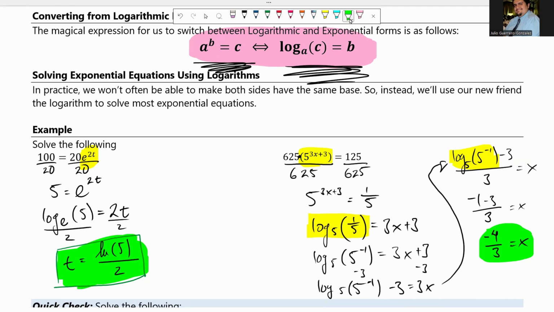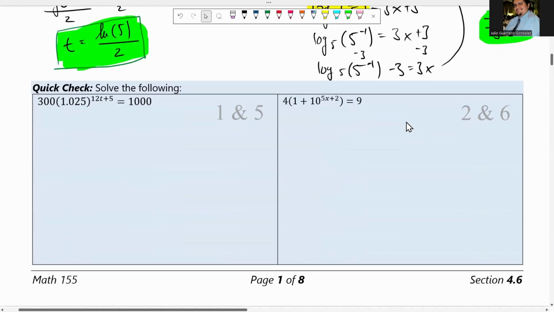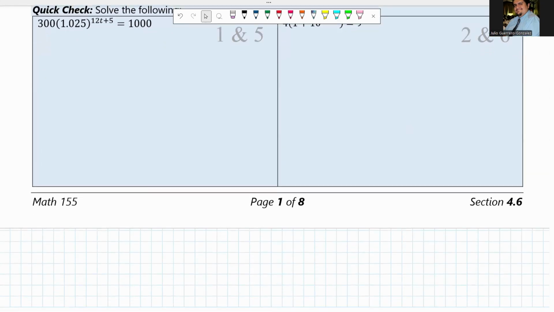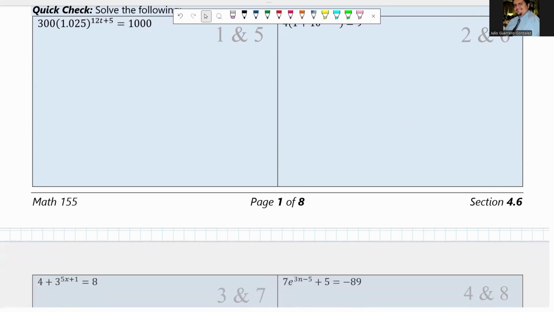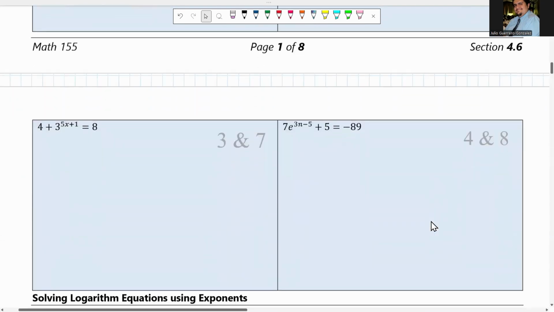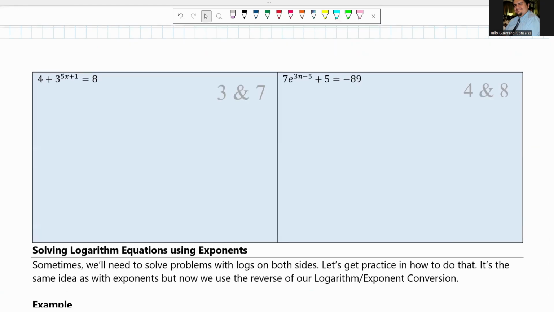From here, I'm going to make you guys try a couple. There's a couple quick checks here that I want you guys to try out, but the pages moved around for some reason.